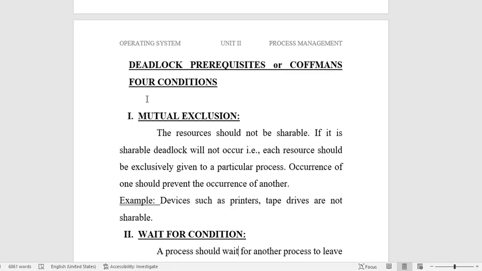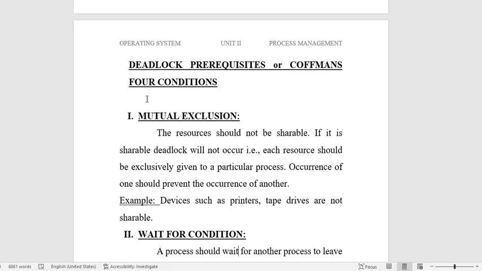The first condition, mutual exclusion. The resources should not be shareable. I already told that in deadlock, if the resources are shareable, then the deadlock will not occur. When the resources are not shareable only, the deadlock will occur.